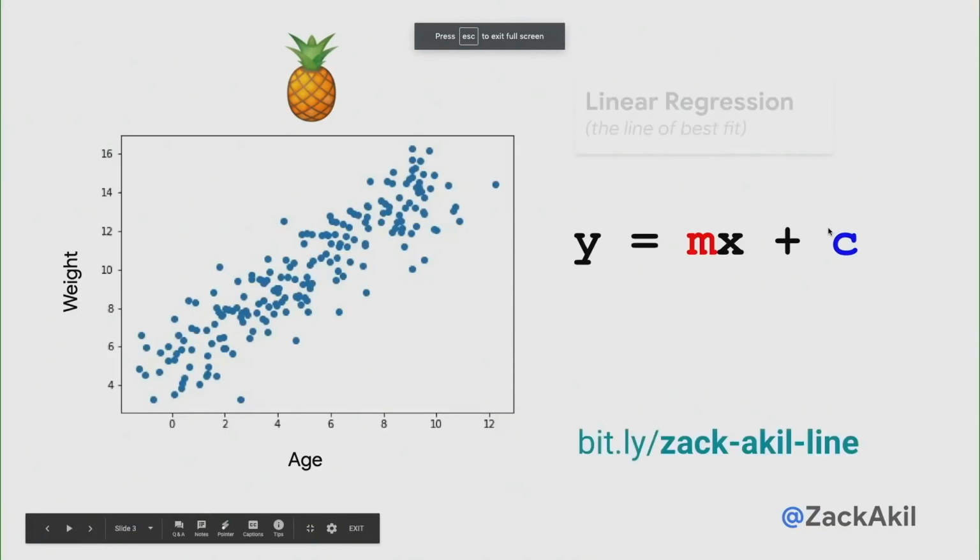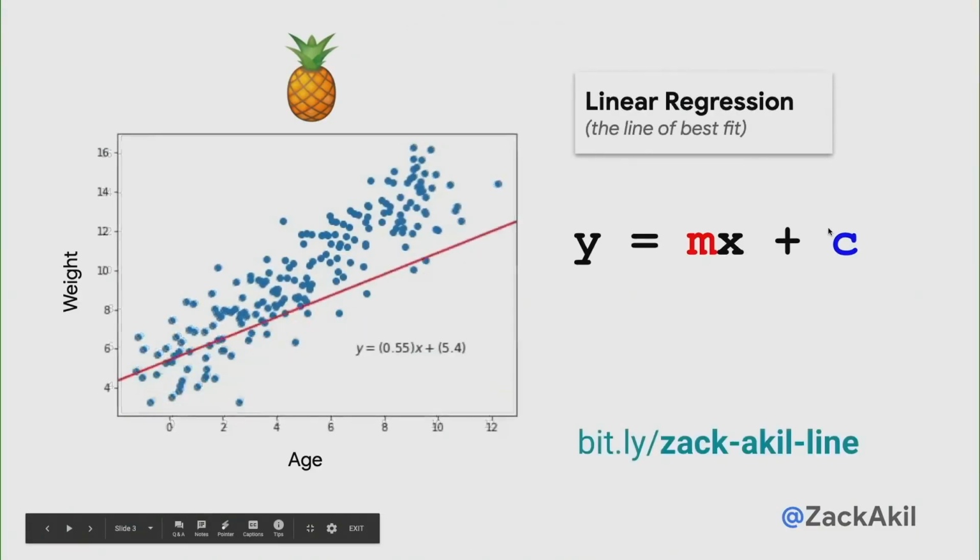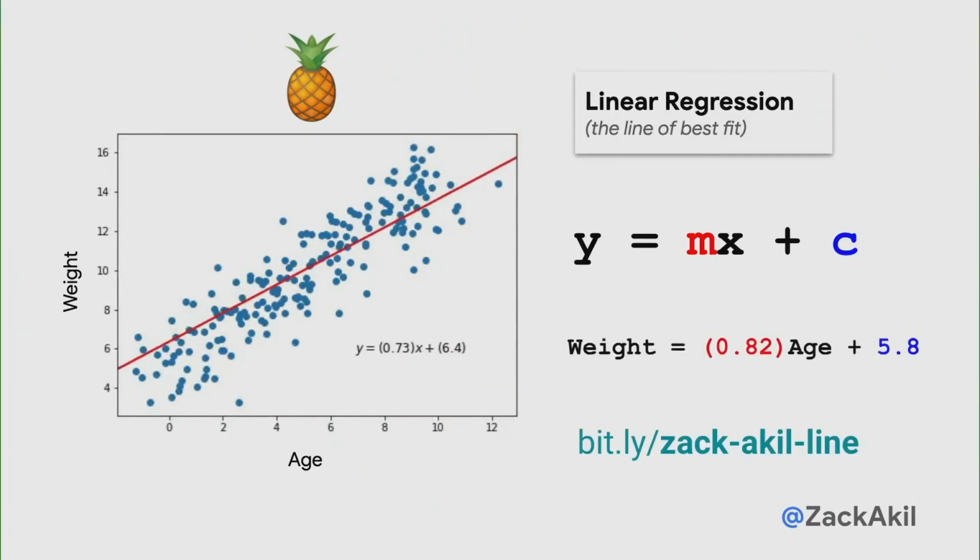Not only can you use a line to predict, but after you've learnt your line, you can maybe get some sort of insight from the coefficients that it's found. So in this case, I'm imagining I'm a farmer trying to predict the weight of pineapples based on their age. Again, very relatable.